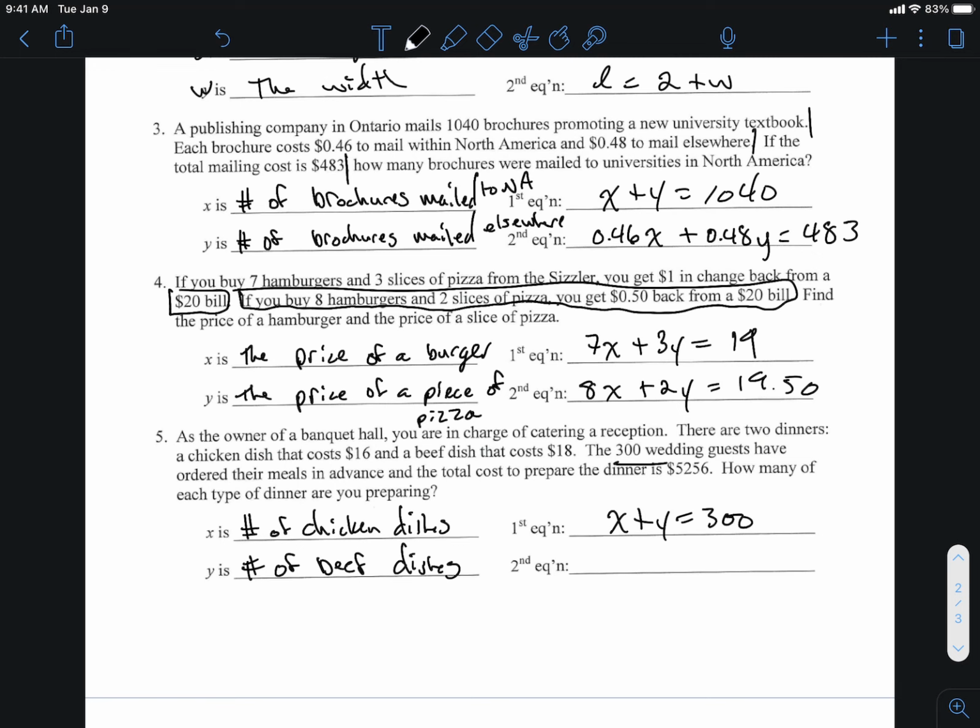The total amount of money spent on each dish depends on how many of each were ordered, but you know how much the final bill was. It's $5,256. So now you just got to figure out the left side. How do we make dollars out of the number and how much something costs? We just multiply them together, right? So chicken dishes cost $16, so 16x plus 18y.